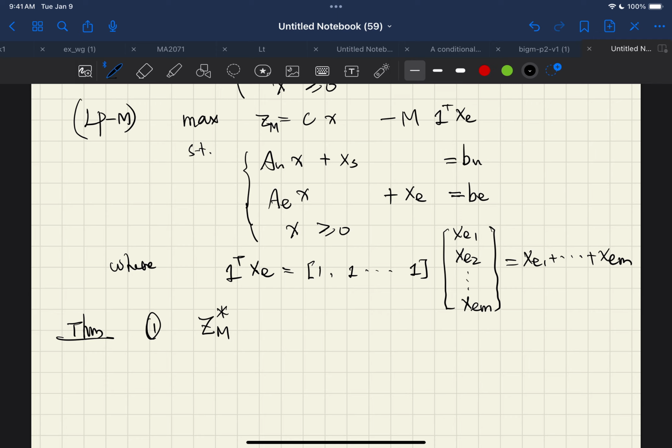Because M is a parameter which you can determine, as M increases, the objective function is decreased, so the optimal solution is also decreased. And also, it is decreasing to z star, the original optimal value, as M goes to infinity.